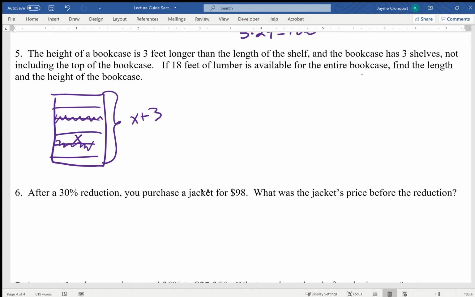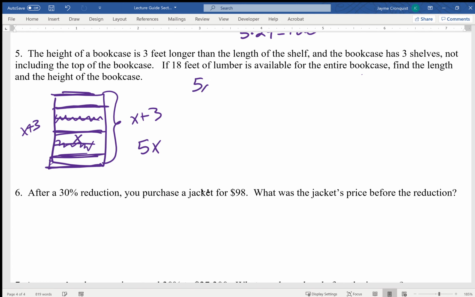All right, so how much do we have to get out of this? We have to get x plus 3 twice. We have to get x for the very bottom of the bookcase, 1 shelf, 2 shelves, 3 shelves, and the top. So I need 5x for all the horizontal surfaces. So I have to add that all together.